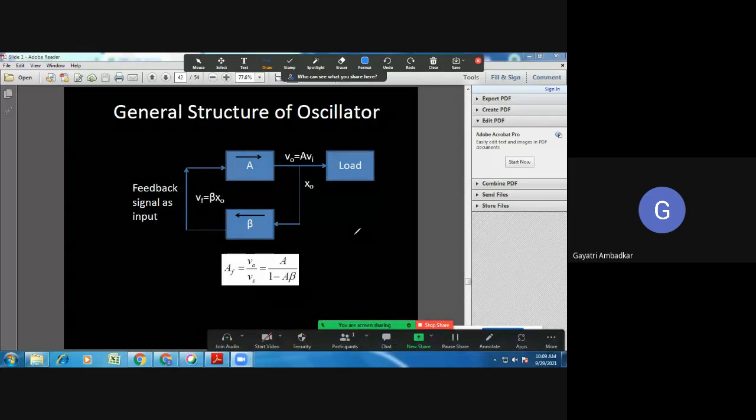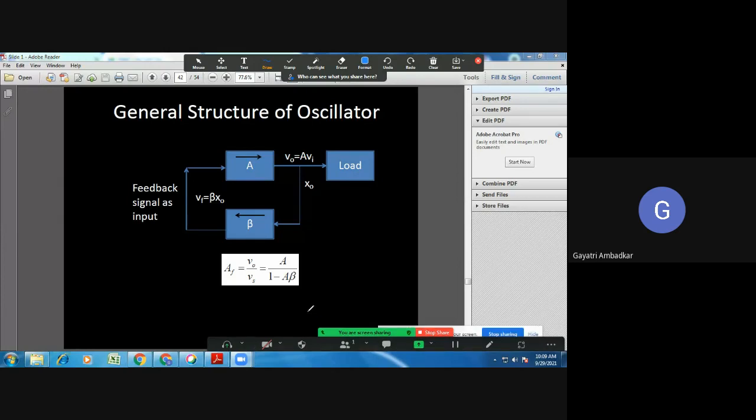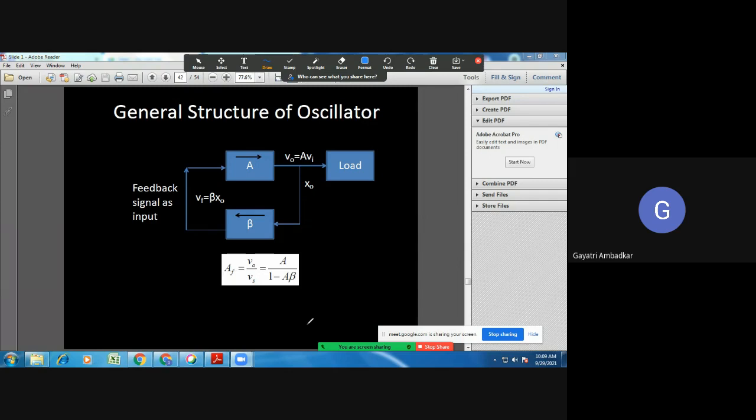Okay, so now we will see what an oscillator is. Do you know what an oscillator is? Can anybody tell me? Do you have any idea? Please tell me, yes or no?